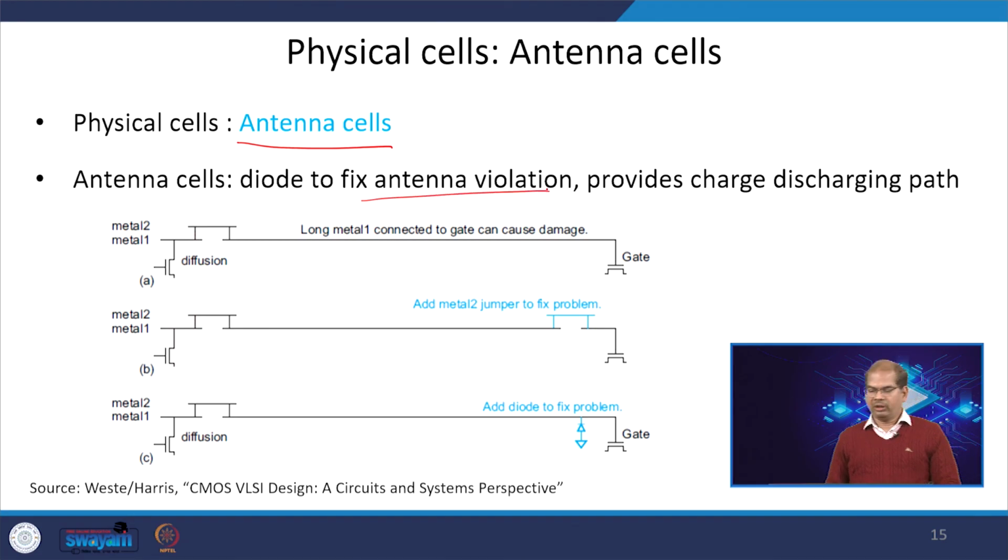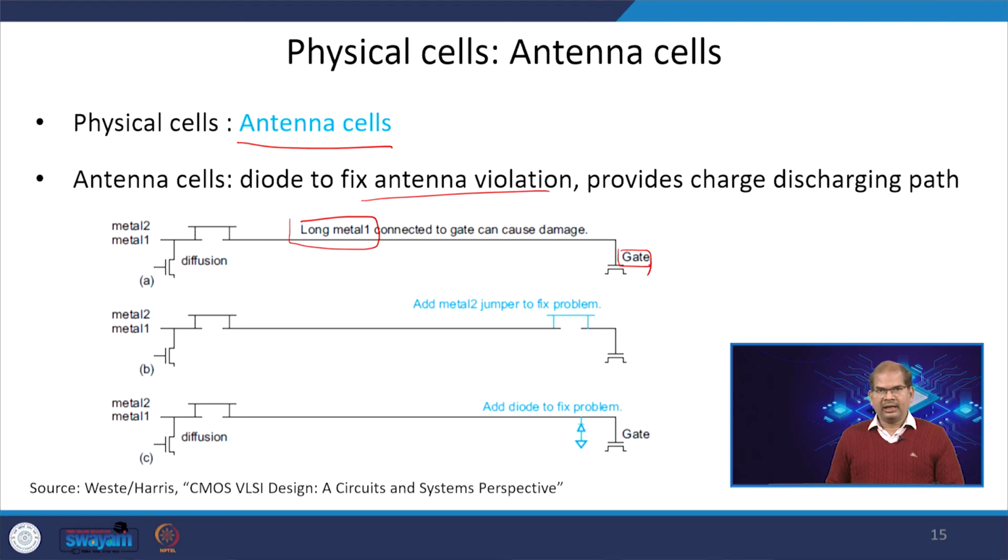Whenever you have an NMOS or PMOS transistor whose gate is connected to a very large metal, say a long metal 1, it accumulates more charge, and that can damage the gate of the MOSFET, because this big piece of metal can accumulate charge, and the charge will not get a discharge path, and it will damage the gate of the MOSFET.